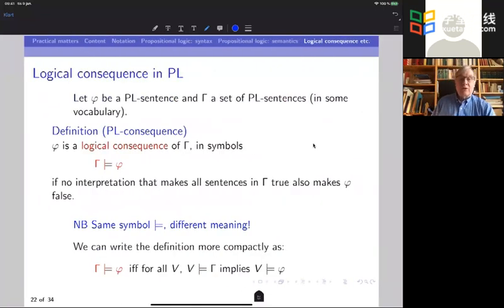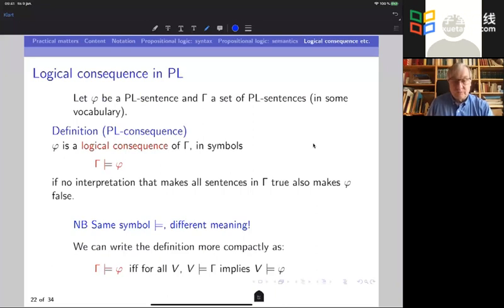Okay, so here is the precise version of this intuitive idea that I just expressed. Phi is a logical consequence of gamma, which we write gamma turnstile phi, if there is no interpretation that makes all the sentences in gamma true and at the same time makes phi false. So it's not possible that the premises are true and the conclusion is false.